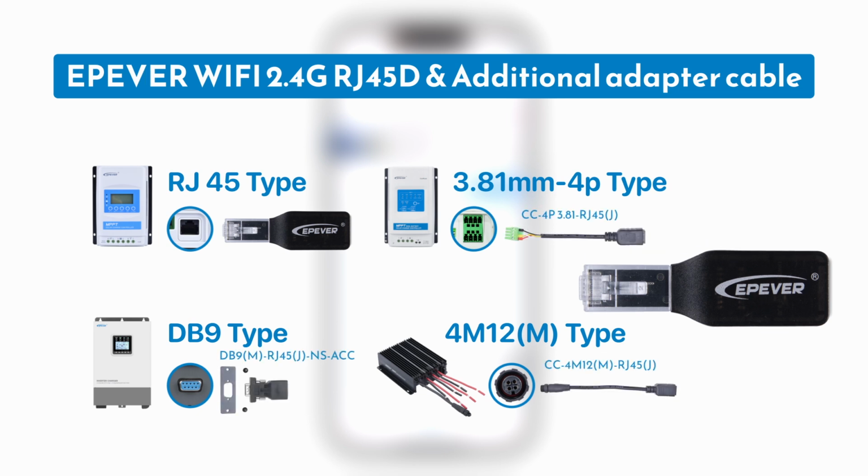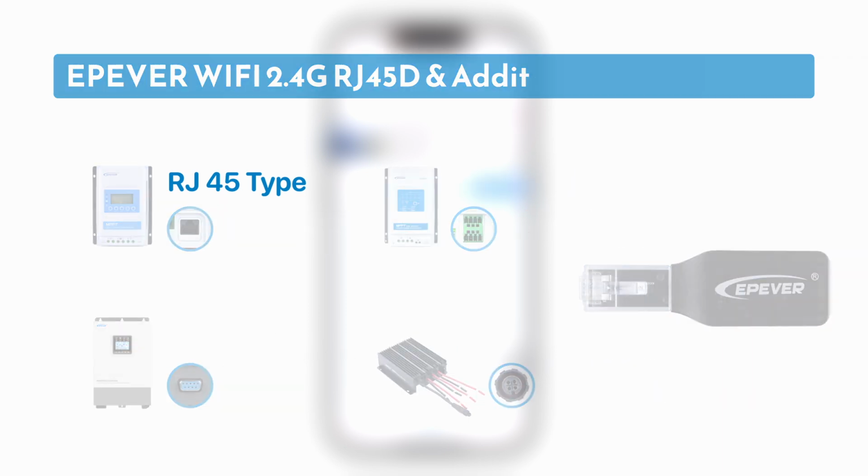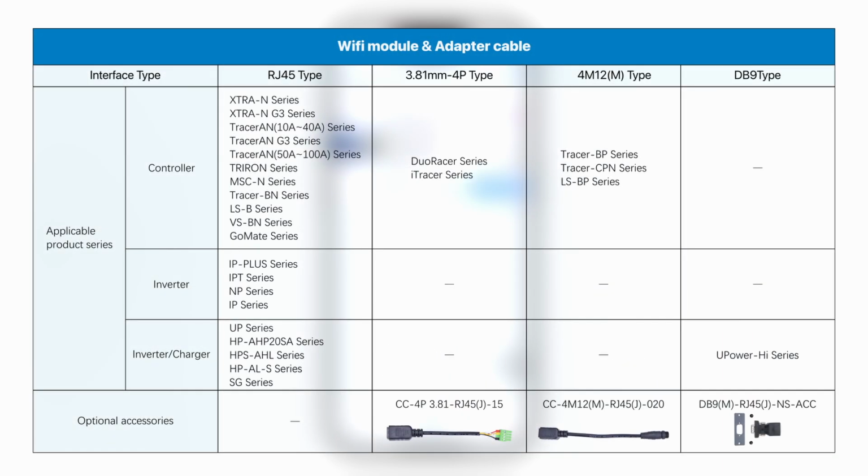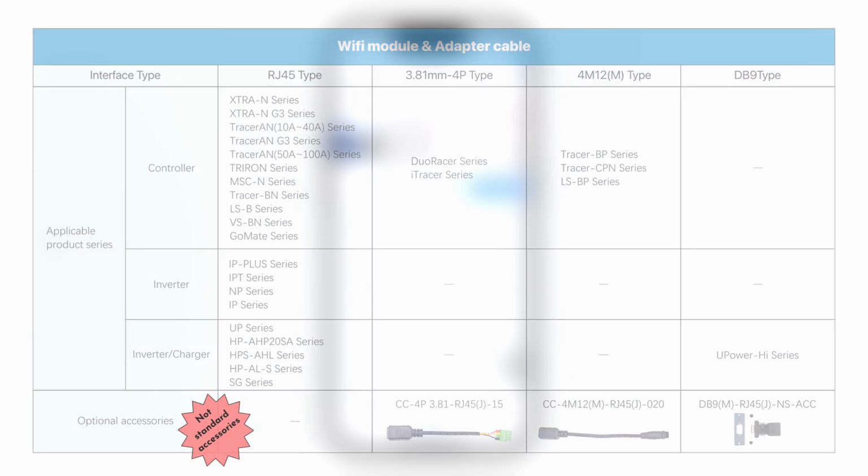The adapter cables required for other interface types are as shown in the figure. For the convenience of users, we have compiled this table. Users can choose the required adapter cable based on this table. Note that both the gateway module and the adapter cable are not standard accessories, and you must prepare them in advance when actually adding devices.